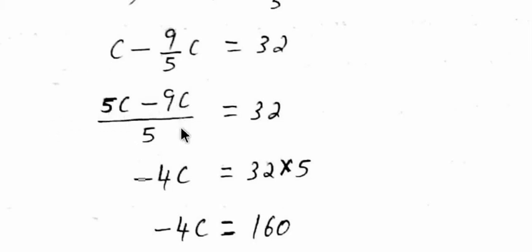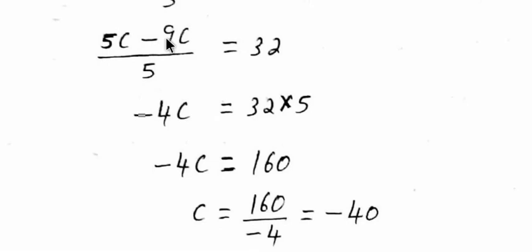Subtract: 5C minus 9C is minus 4C, and the by 5 becomes into 5 when it goes to the right side. Multiply 32 into 5 is equal to 160.